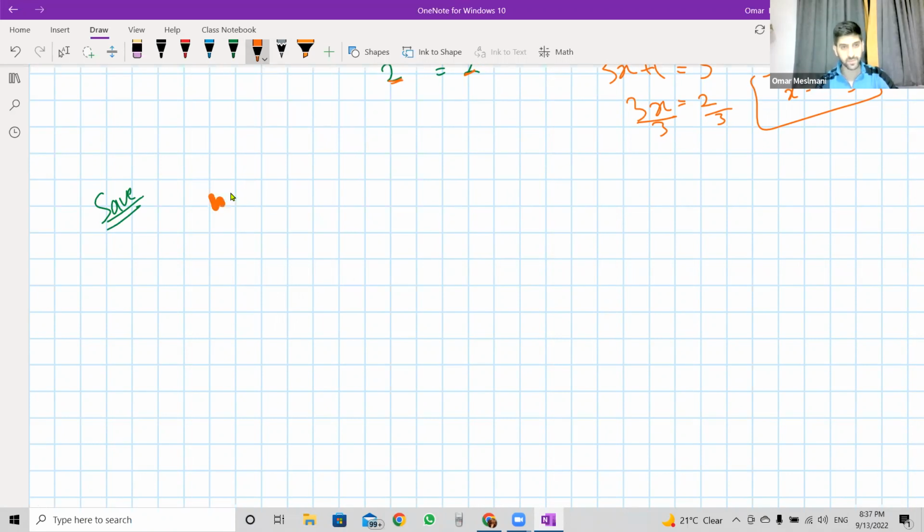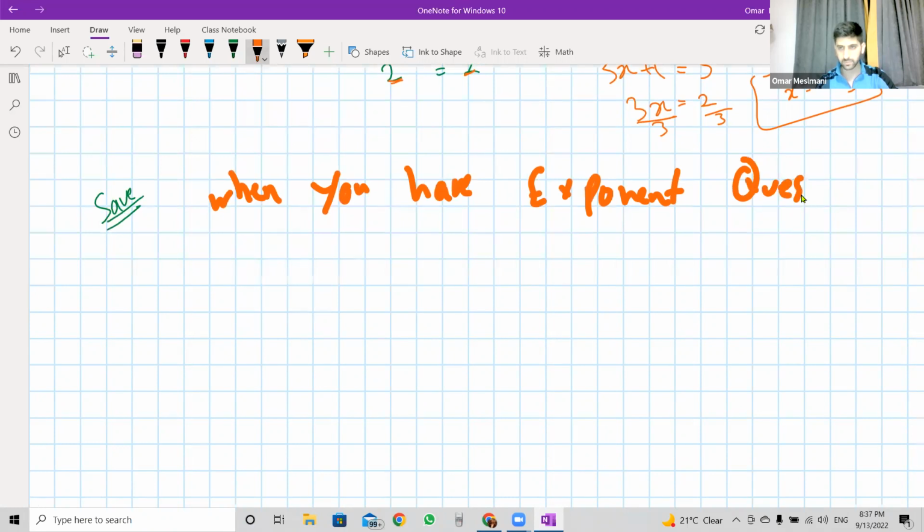When you have an exponent question, you don't keep the big numbers as big as you can see. You don't keep the 4 as a 4; you change the 4 to 2 power 2. If you see an 8, you change it to 2 power 3.